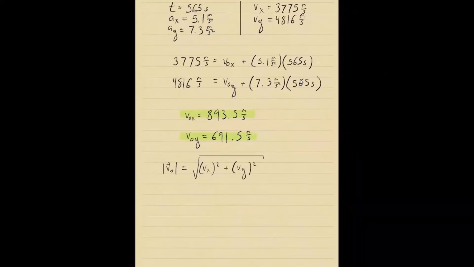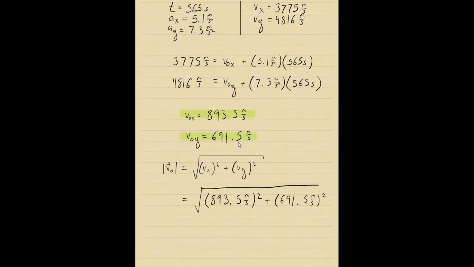And we know what the x and y components are for our initial velocity vector. The x component is 893.5 meters per second. We're going to square that, plus our y component squared, which is 691.5 meters per second. All right, we just take the square root of that.